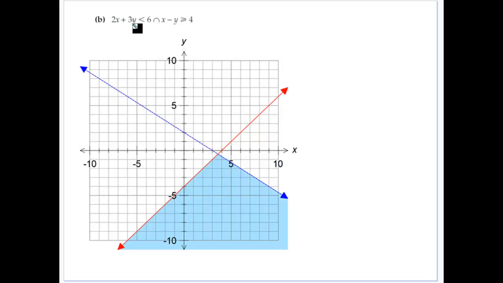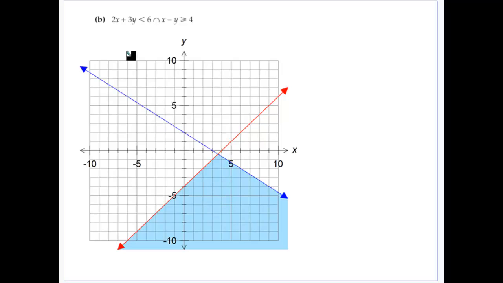So 0, 0 holds for this one, since 0 plus 0 is less than 6. So 0, 0 is in the region below the blue line, which is what we want. And we put 0 and 0 in this one, but it's just not greater than 4. So 0, 0 doesn't hold on the side of the red line. So it's everything on this side of the red line. Where do they overlap? Well, where our blue area is there.